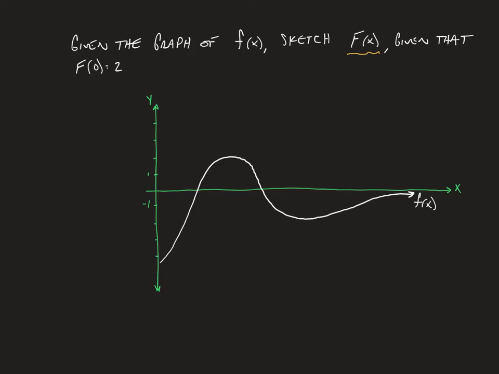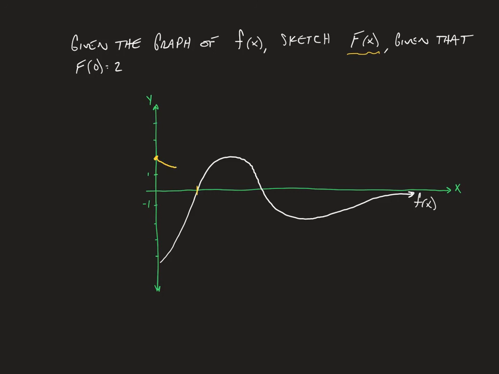Also, it's given that f of 0 is 2, so we can start our f of x function right there at 2. And now I know that it has to decrease until this point, and then it's going to start increasing. And that makes sense because that's a 0 on your derivative function, so that's where the slope of the original function would have to be 0.